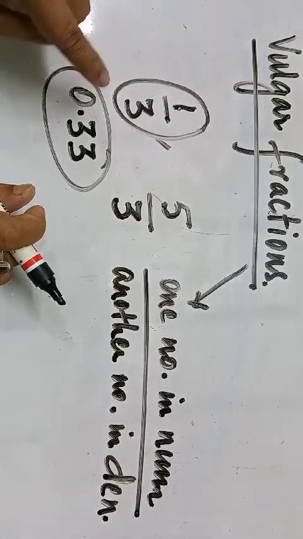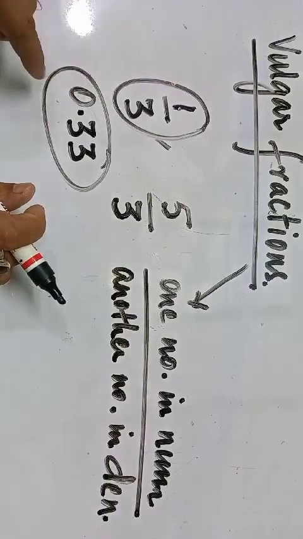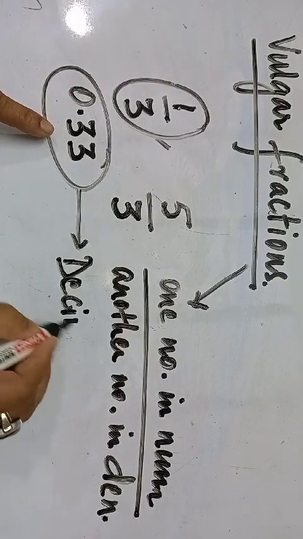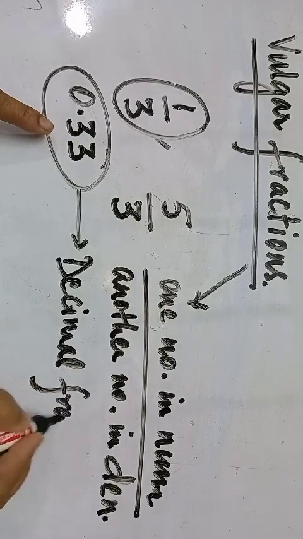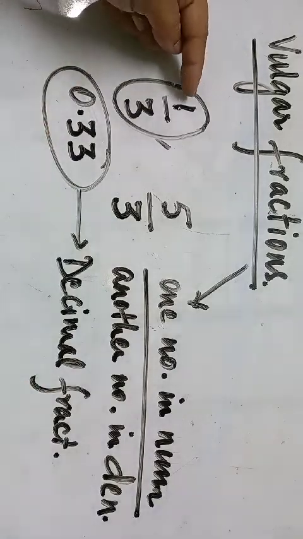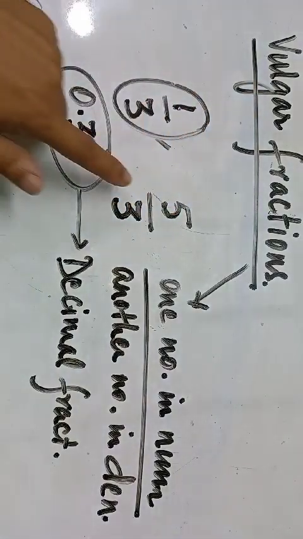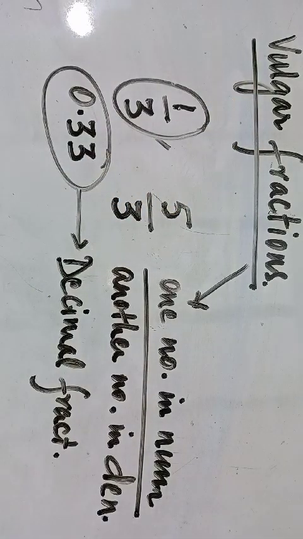The same thing is being written in two different ways. This way of writing is what you call decimal fractions, whereas if you express it as one number upon another number, then they are known as vulgar fractions.